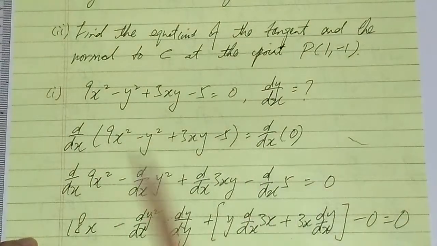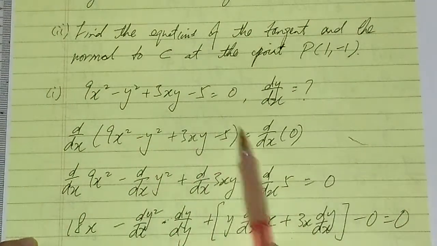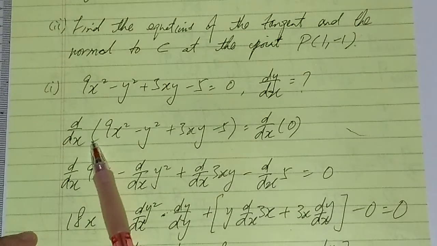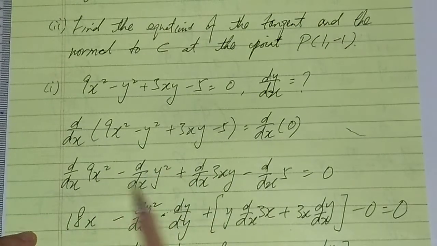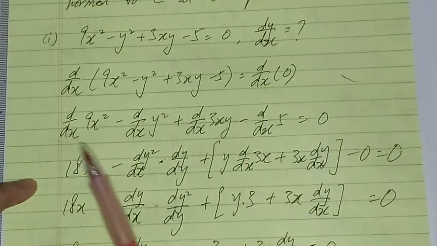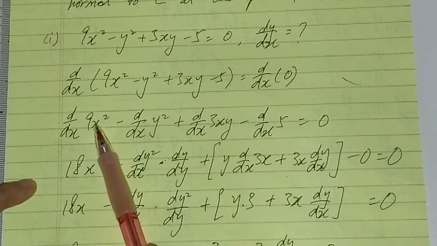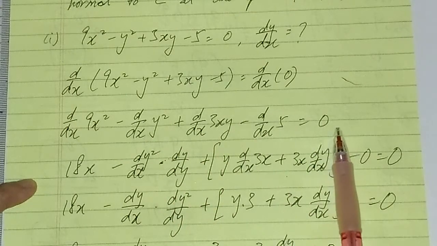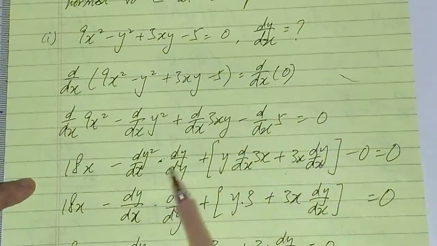So I differentiate both sides with respect to x, just a big bracket, and then remove the bracket, expand it. We differentiate 9x squared, y squared, 3xy, and 5. And of course, differentiating 0 is 0.